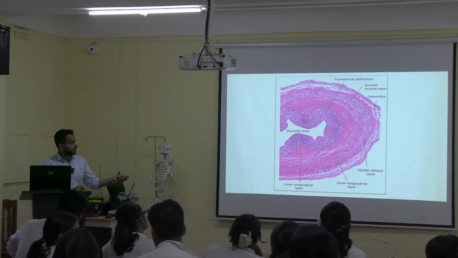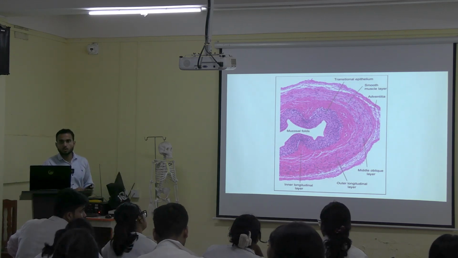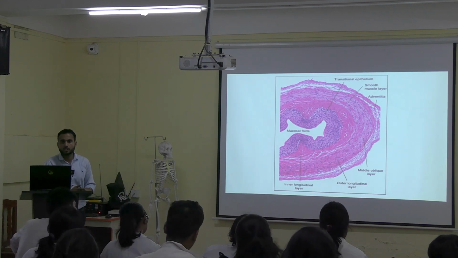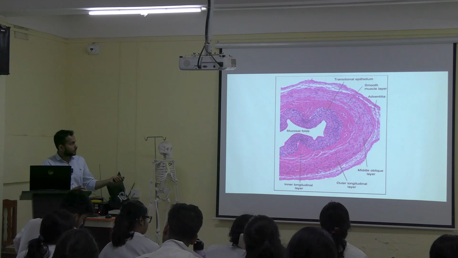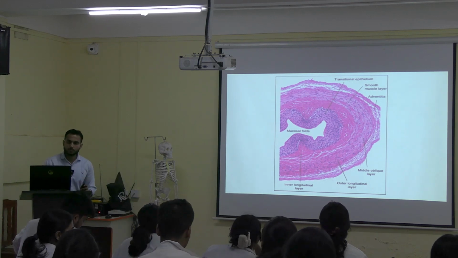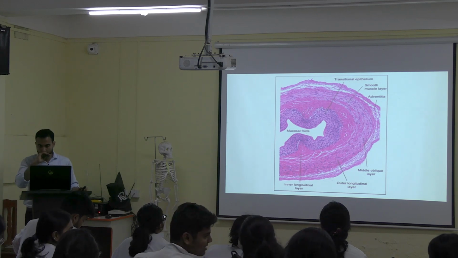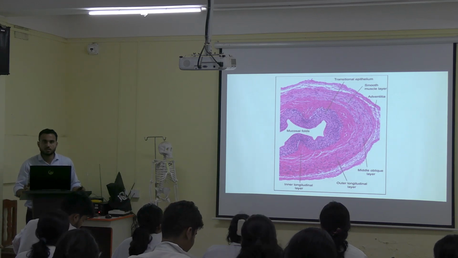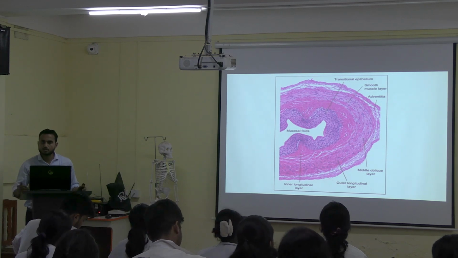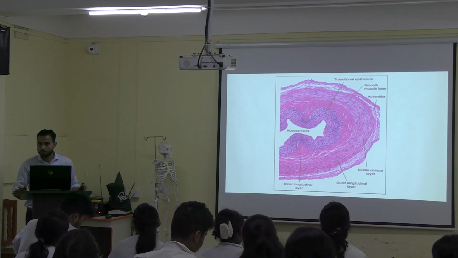So this is how it will appear under the microscope, under low magnification. This is the low magnification image of the ureter. I hope you can identify the layers. What I have noticed is that identification of slides, especially of the urinary system, under the microscope is very easy.